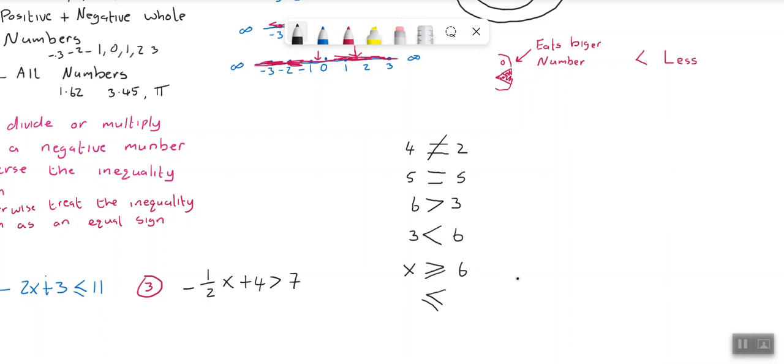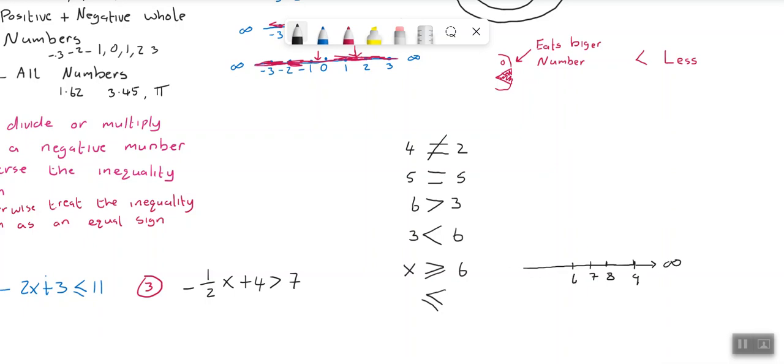So what would that look like on a number line? What we're saying is that the value for x could be a number anywhere from 6. So for example, 6, 7, 8, 9, and then that would go on indefinitely in this direction, all the way up to infinity.